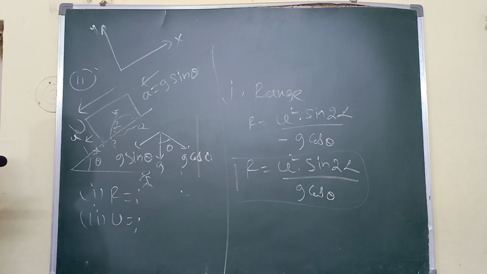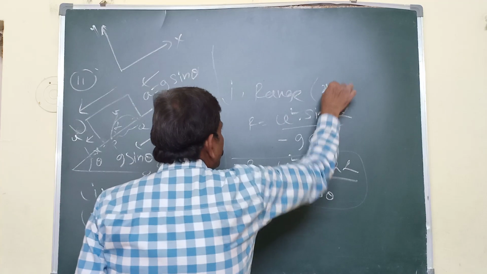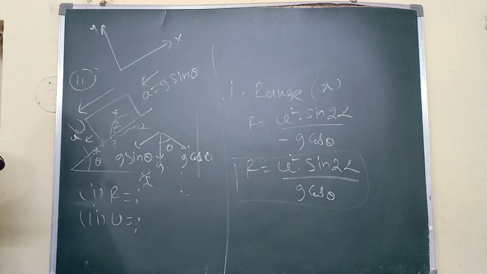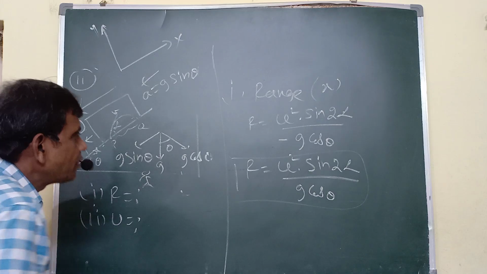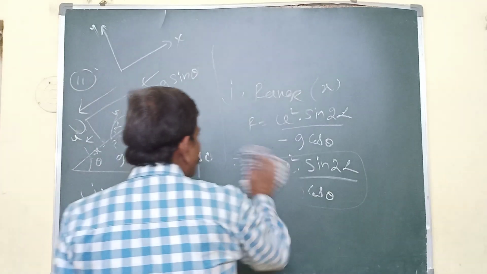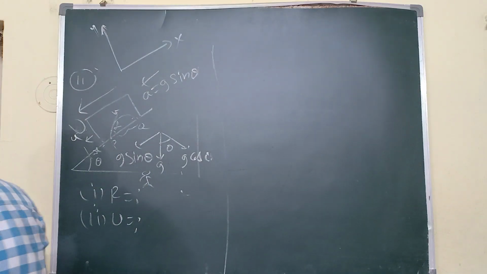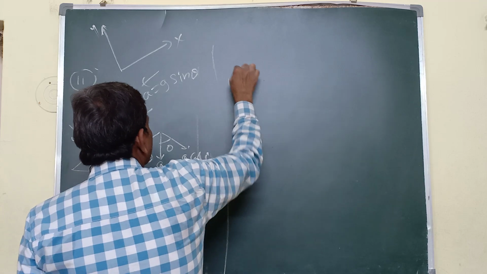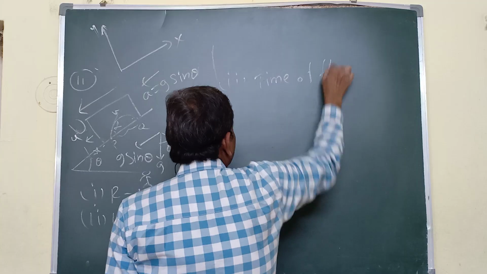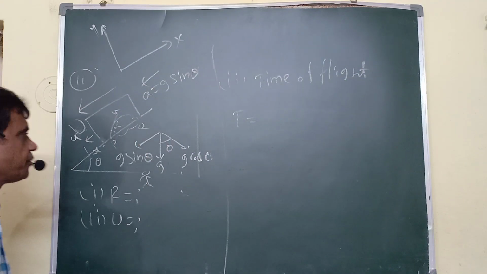Next, we find the time of flight. Why? The range I take as x, and this box also travels x distance in the time of flight. Now what is the formula for time of flight? 2u sin theta by g.